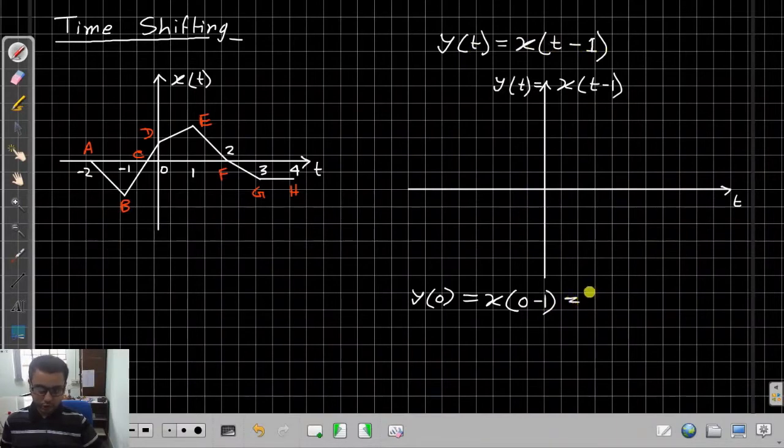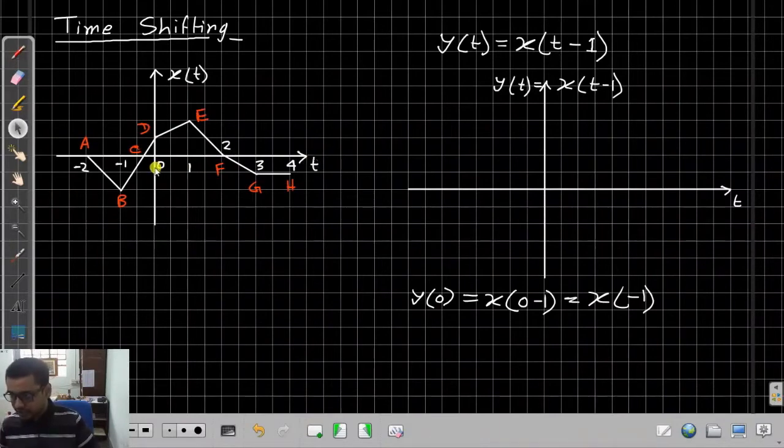This is equal to x(minus 1), which is somewhat near minus 2.